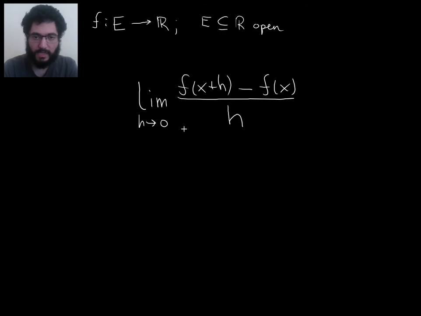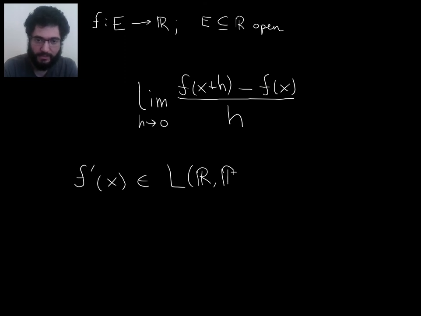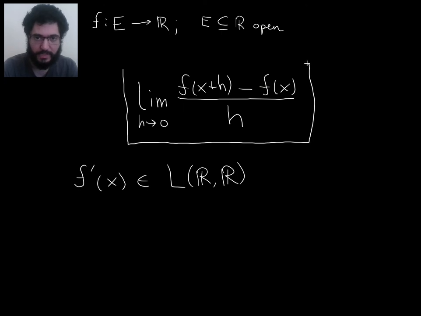Now, this has been replaced by a linear map version of f prime x that ends up being this kind of thing. And what number this limit comes out to be, so here x is fixed, whatever number this limit comes out to be is going to be the scalar by which this linear map scales things.